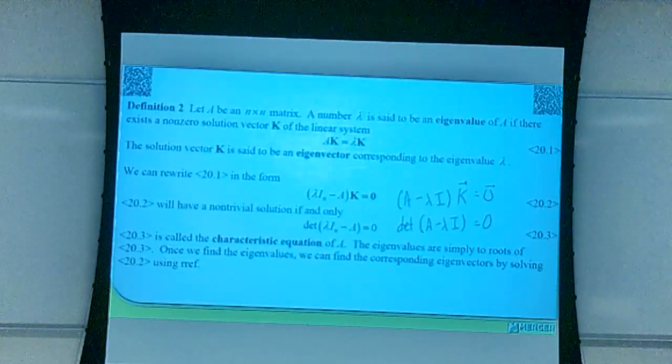All right, so the characteristic equation is used to find all the eigenvalues for your matrix. To find eigenvectors associated with that eigenvalue, you plug it back in to A minus lambda I, RREF that, and solve the resultant system. That will then give you the eigenvectors. And in theory, there's an infinite number of them.